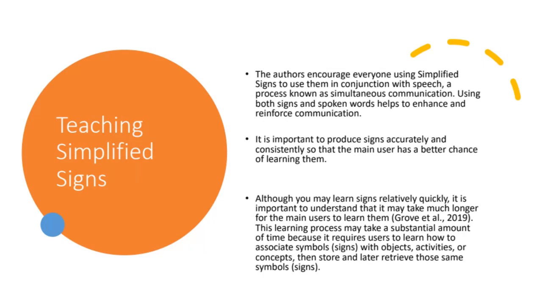So again, we talked about having that simultaneous communication using both speech and signs at the same time. When you're teaching people signs, make sure you're using them accurately. And even though the signs you get back from the people you're teaching might not be the perfect reproduction of what you did, it's still their sign.